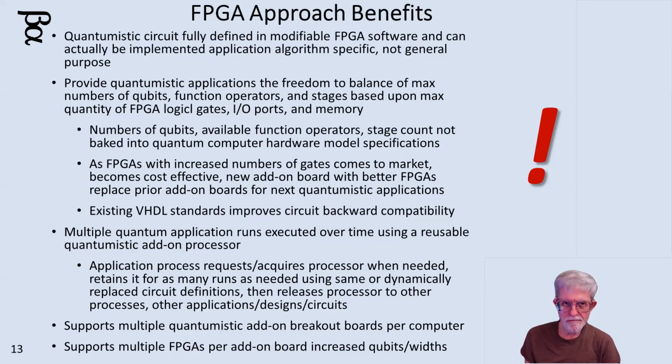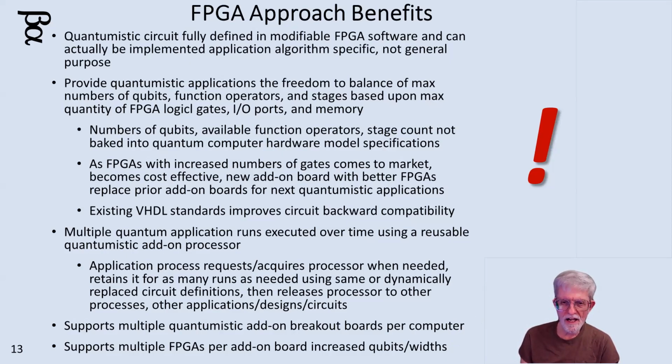There are actually software programming standards for how you design and convey the program to a gate array. And this is referred to as very high definition language, or VHDL. So I can write a VHDL program that I can map to different gate arrays based upon their size and their speed and other features. And the program that I write is backward compatible.